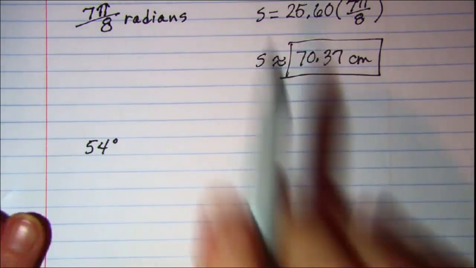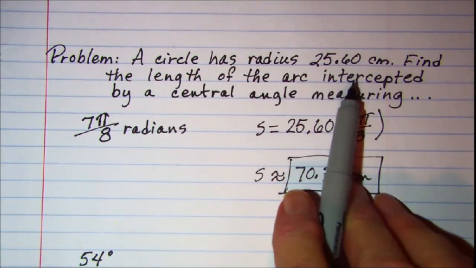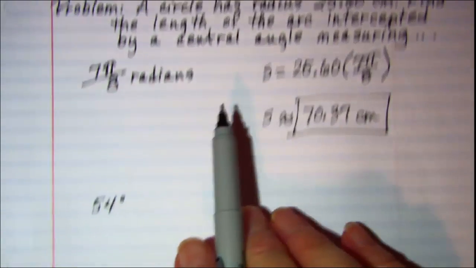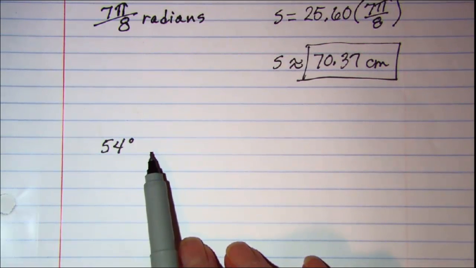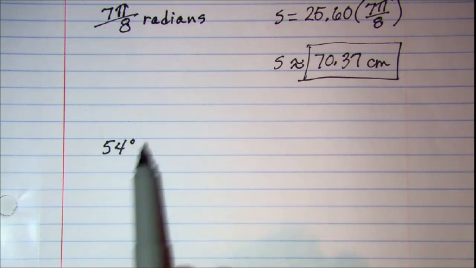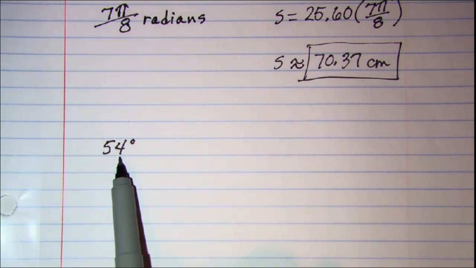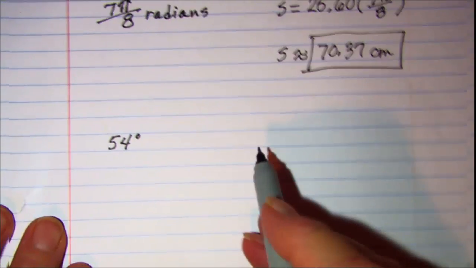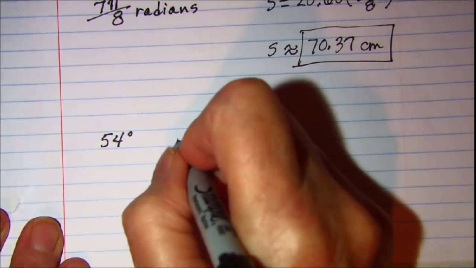Now let's do one with degrees. Again, the radius is 25.60 centimeters, and we're wanting to find the length of the arc intercepted by a central angle measuring 54 degrees. So first, convert to radians.